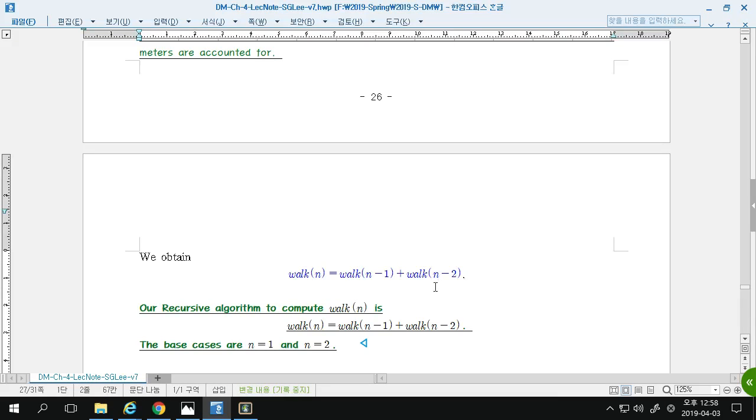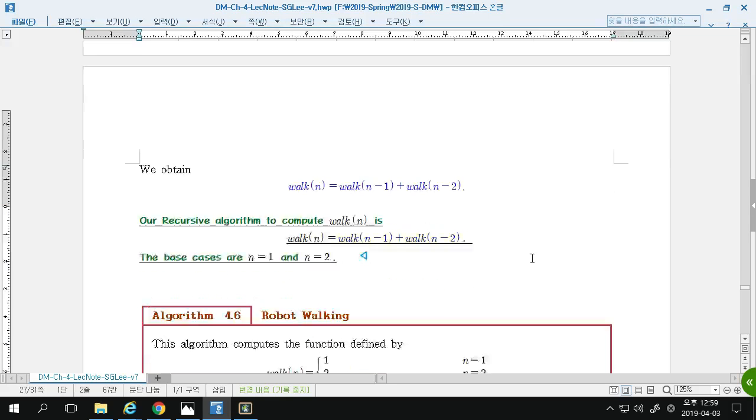That's it. That's the recursive relation. With this simple formula, we can find the number of ways to reach n meters. So our recursive algorithm to compute walk of n is the sum of walk of n minus 1 plus walk of n minus 2. That's it.